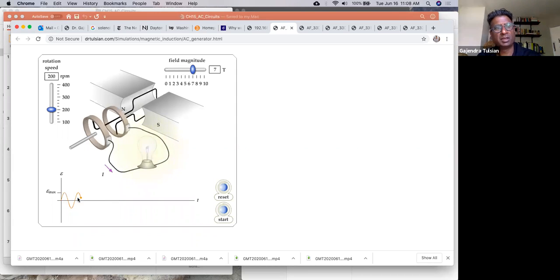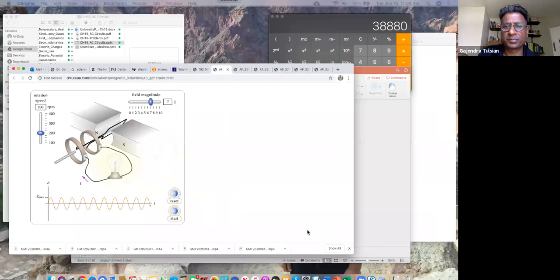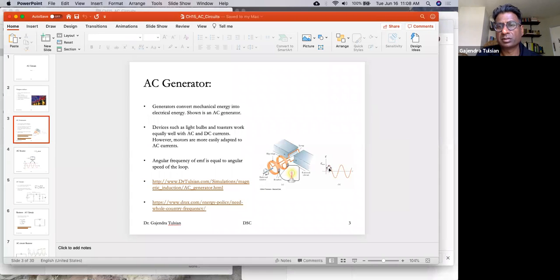Okay. So now what we're going to do today is connect this kind of source to our circuit, okay? And this is called an alternating current source. This is the voltage we're going to connect, and this kind of voltage is gotten out of this kind of device, an AC generator.